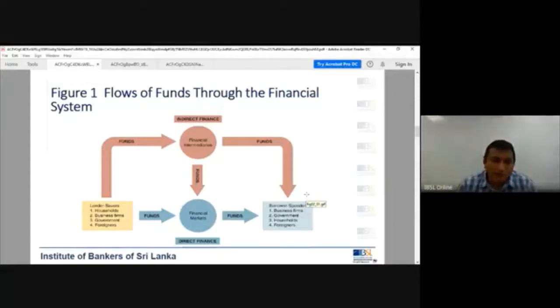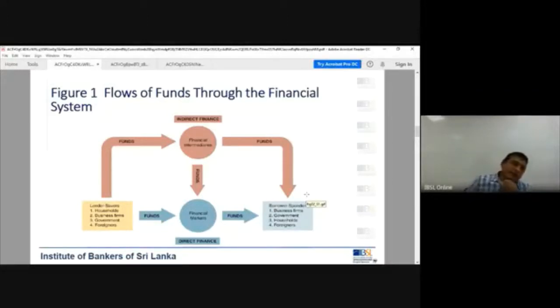Or the savers, they don't know the borrowers in this instance. They go to financial intermediaries. The financial intermediaries pool all the savings by these agencies. They pool.